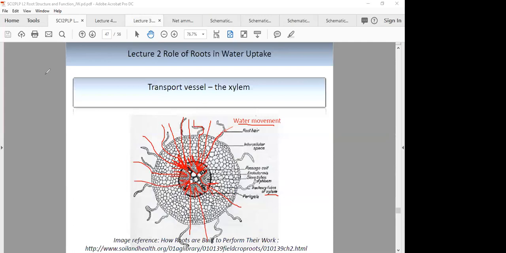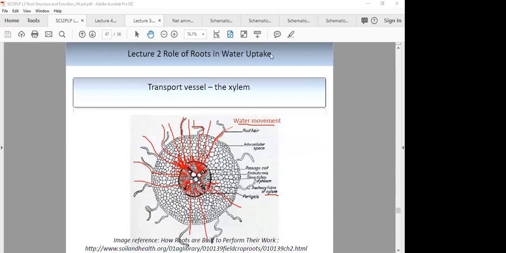There's a concentration gradient, isn't there? Yes, a concentration gradient is being set up.